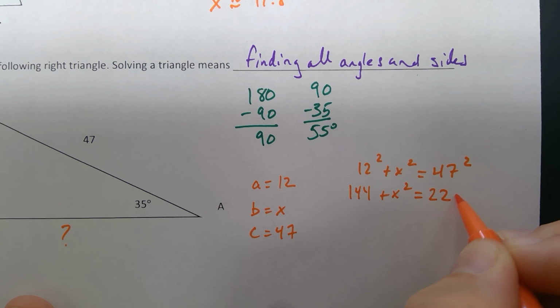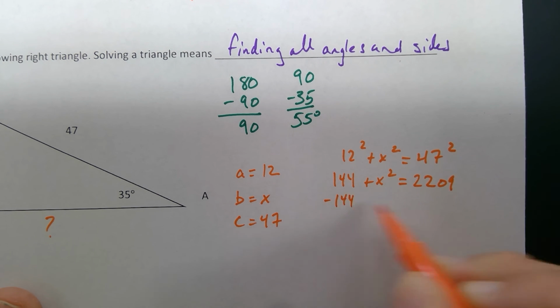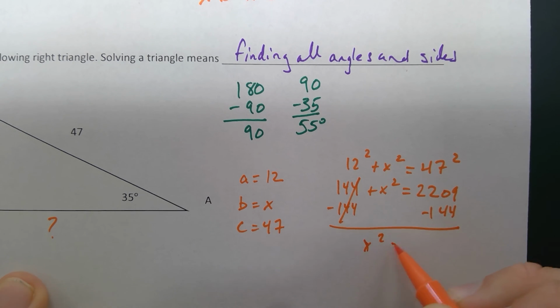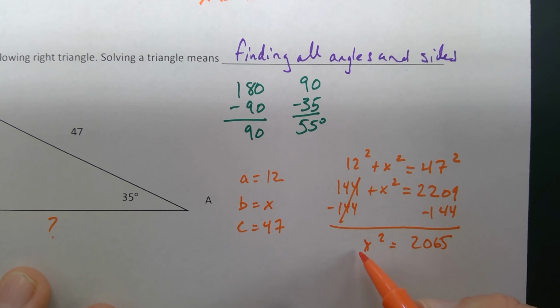And then, of course, 2209 is 47 squared. Then once again, we want to get X squared by itself, just like we saw before when we were finding a leg. So minus 144 on both sides. That's going to give us 2065. X squared is by itself, so you can now square root. And then X is going to be approximately 45.4.